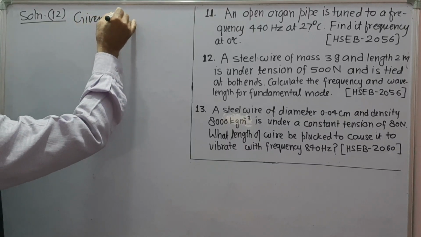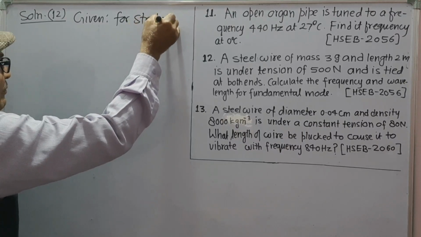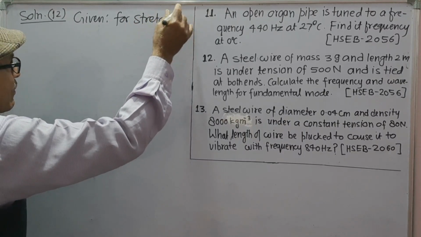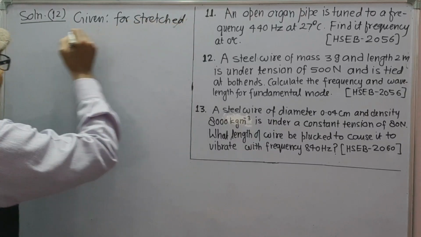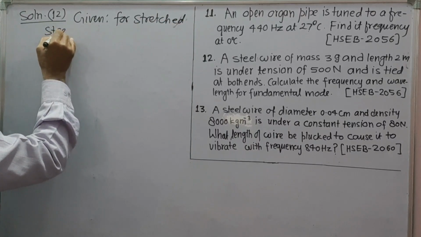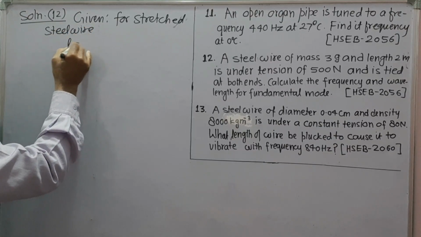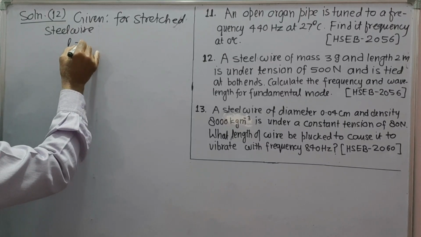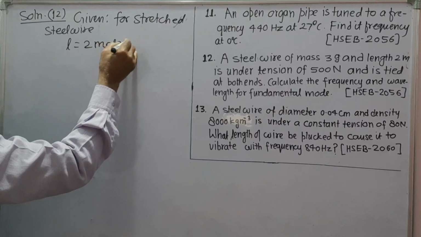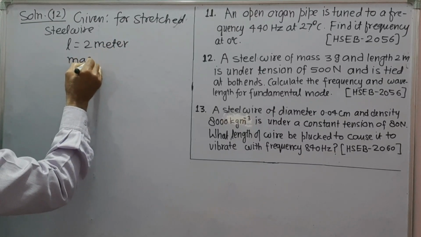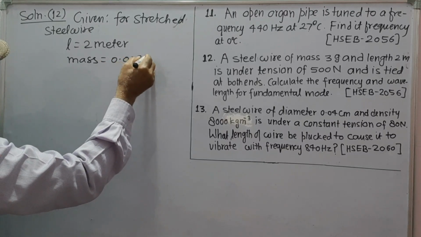Given for steel wire, L is 2 meter and mass is 3 gram means 0.003 kilogram.